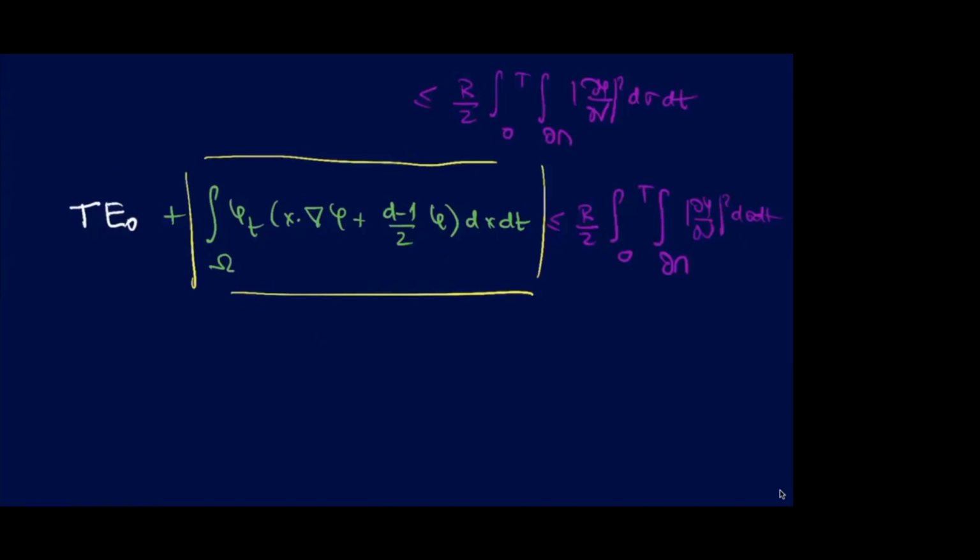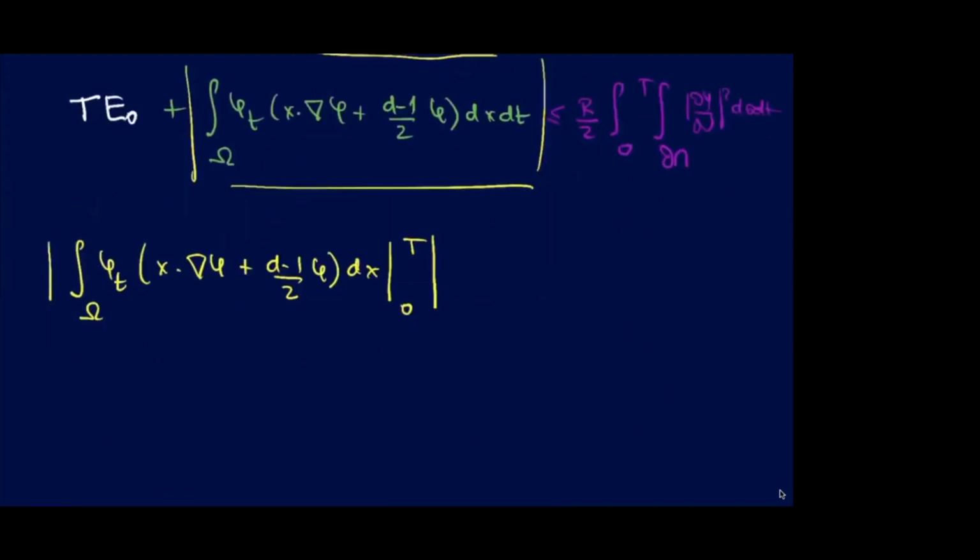I am multiplying three different quantities, phi t, gradient phi, phi, no hope. Then the only thing I can do is to take an upper bound. You can be a little bit more careful about this upper bound, optimizing a little bit the Cauchy-Schwarz inequality.